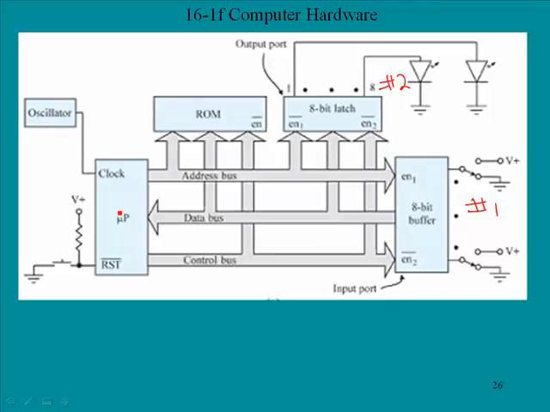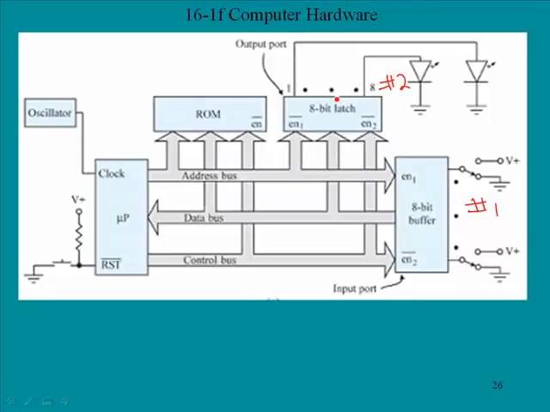So the address bus calls to the number 2 device. At that same moment, the control bus enables it, and the data is sent out to the output.